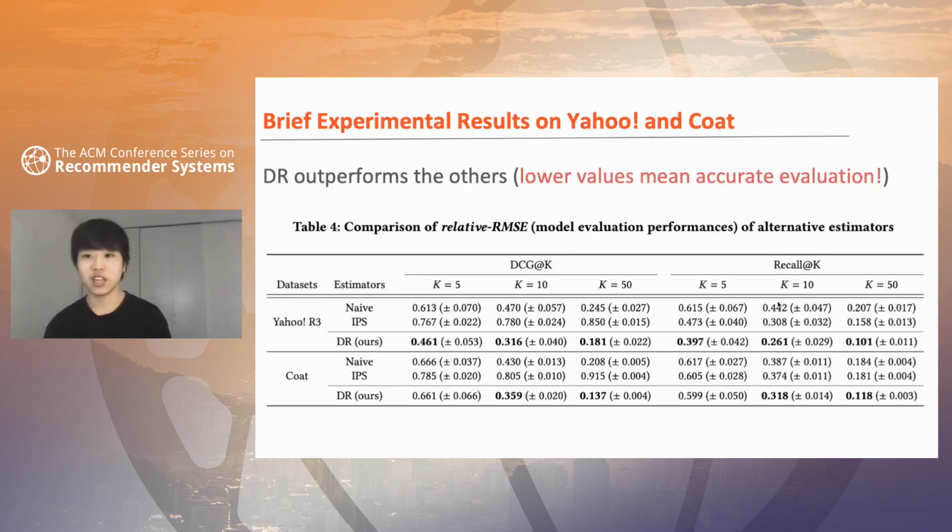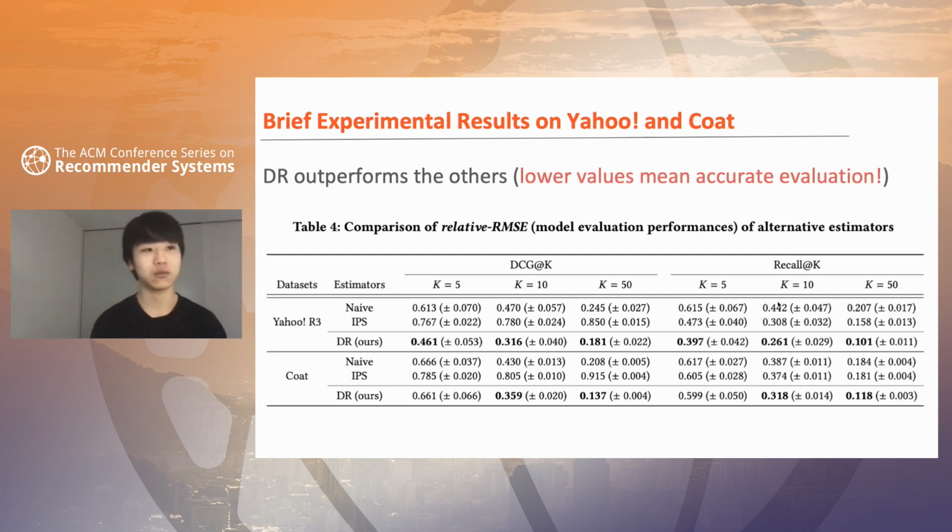So finally, let me introduce some experimental results just briefly due to the time constraint. But the important takeaway message is that the doubly robust estimator outperforms the other estimators, including the naive and the IPS estimator. The naive estimator is biased, and the IPS estimator is unbiased but has high variance due to the sparse conversions.